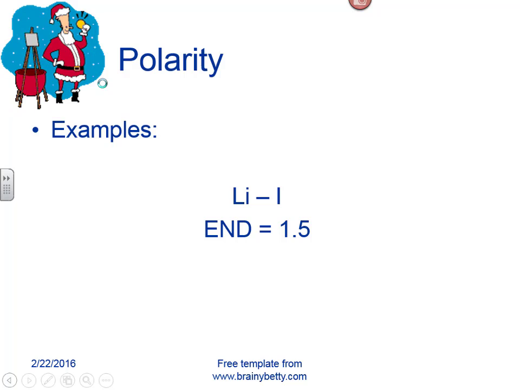And subtract them, and you end up with 1.5. The electronegativity difference is 1.5. According to our chart, what kind of bond does this have? Polar covalent. So polar bonds.